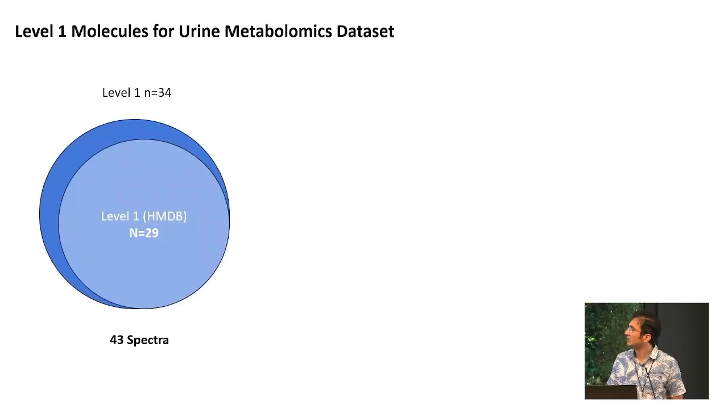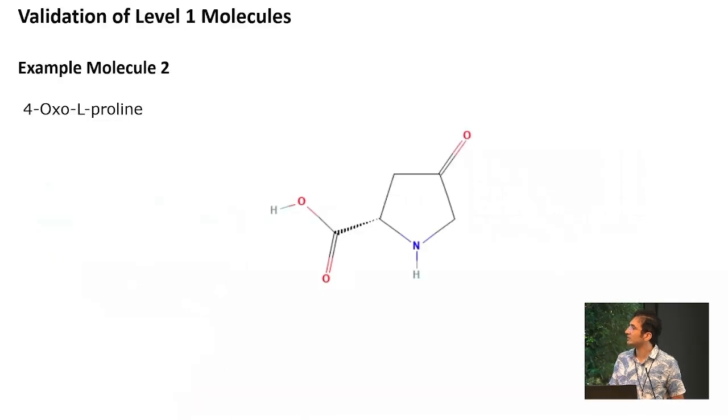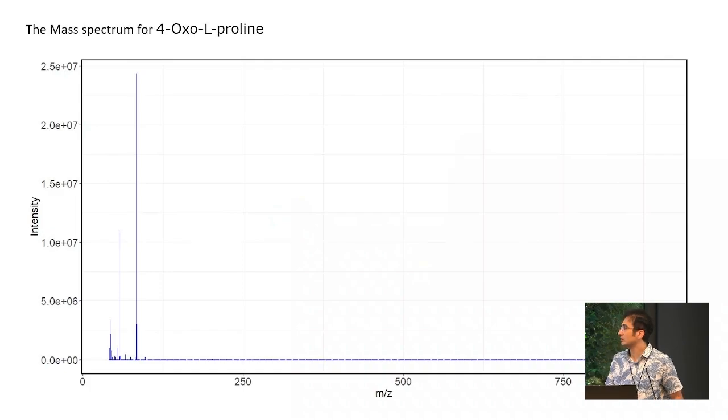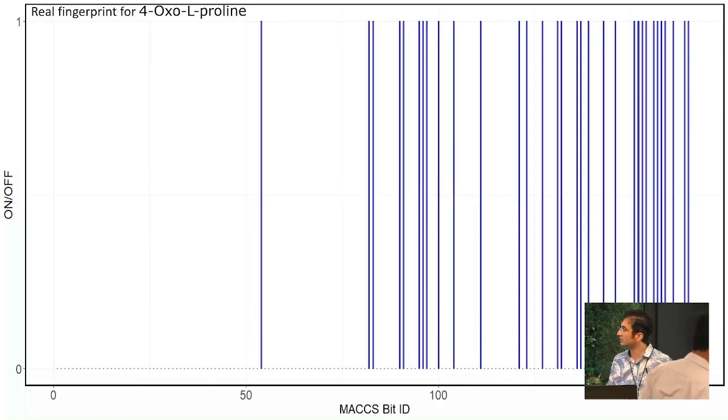And for the level 1 molecules, we had 29 molecules, and all of them were inside the applicability domain of the models. This is an example of 4-oxo-L-proline. Because it's external validation, we knew what that molecule was. So this is the MS spectra of that. This is the predicted fingerprint by using our models, and this is the real fingerprint. So they were very similar.